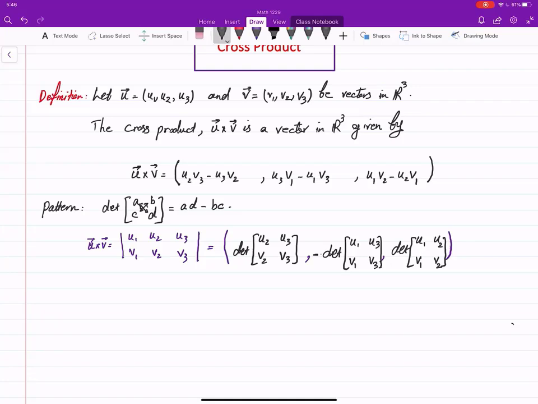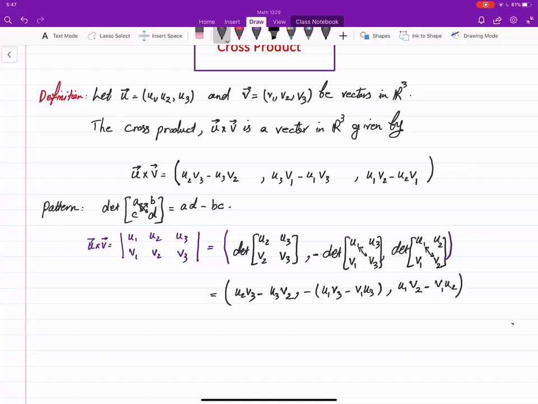Now, let me write this down. You see that the main diagonal entries give u2 v3 minus the off diagonal u3 v2. And then here we have minus u1 v3 minus v1 u3, and u1 v2 minus v1 u2.